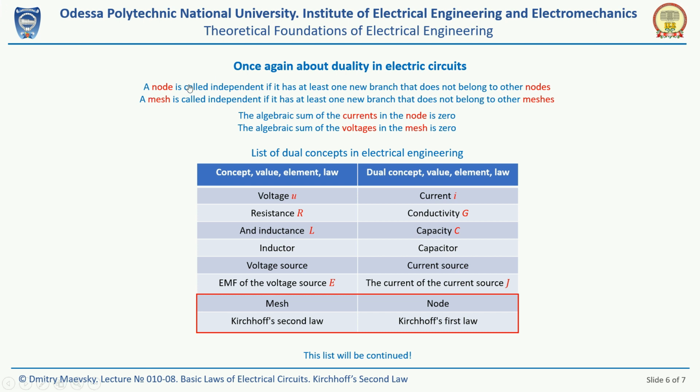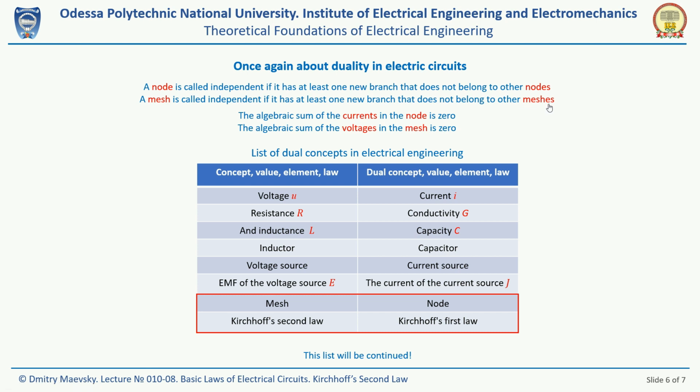The formulation of an independent mesh is quite the same. A mesh is called independent if it has at least one new branch that doesn't belong to the other meshes.